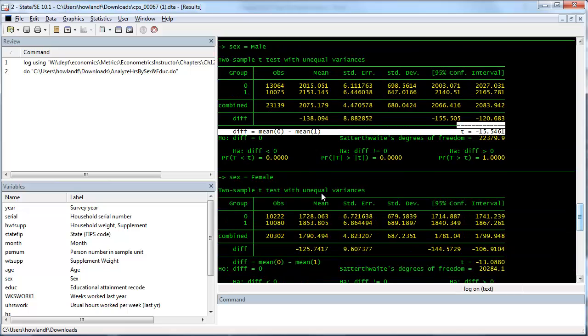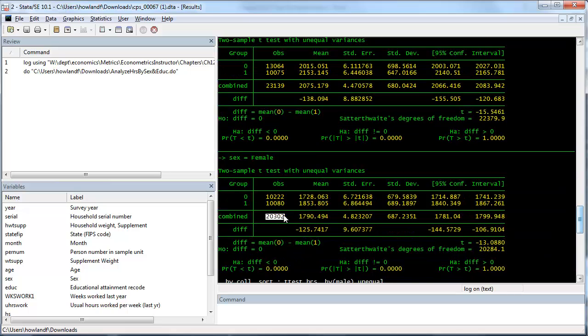Let's do the same analysis for females. So now we've got 20,000 people: 10,200 women with a high school education, and 10,080 with a college education. Once again, we're just looking at females. The sample average for females with a high school education is 1,728 hours.